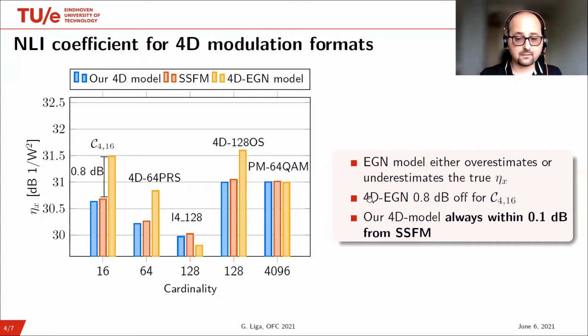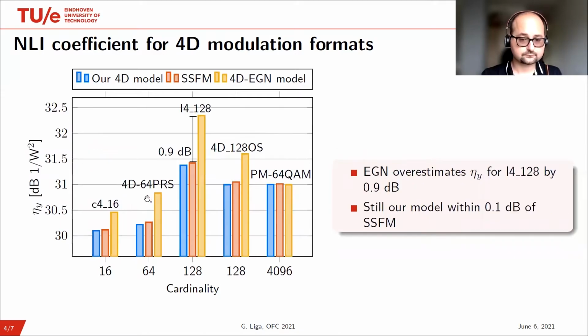Also, the 4D EGN model shows a deviation of 0.8 dB from the SSFM estimates of the nonlinear coefficient for the constellation C416. On the other hand, our model, here shown by the blue bars, is always within 0.1 dB from the SSFM results.